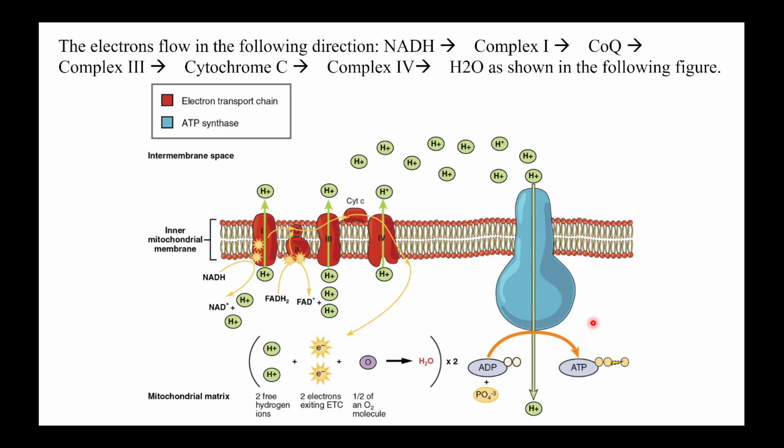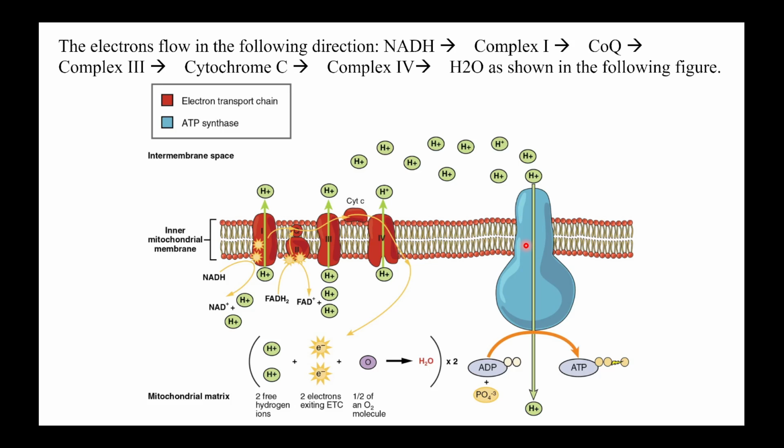So this blue molecule that you see here that is embedded in the membrane is the ATP synthase. That is the main enzyme that synthesizes ATP, which is the most important molecule for energy generation. Without ATP, none of the processes will be happening.